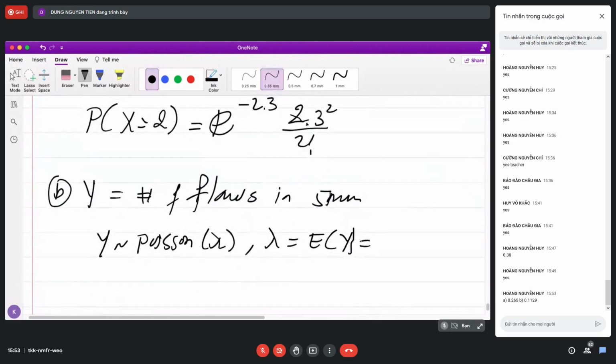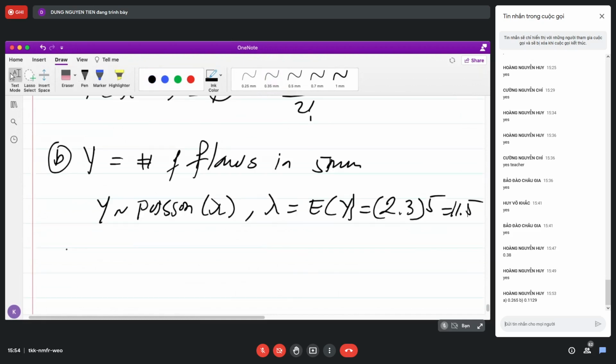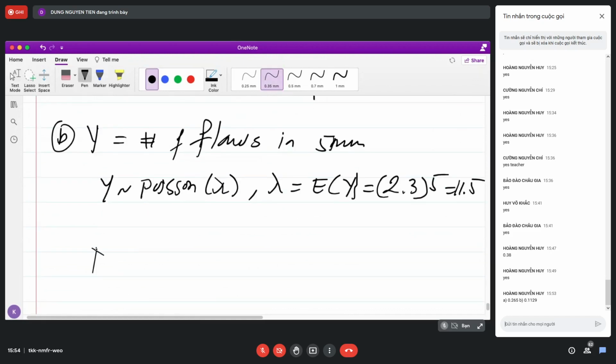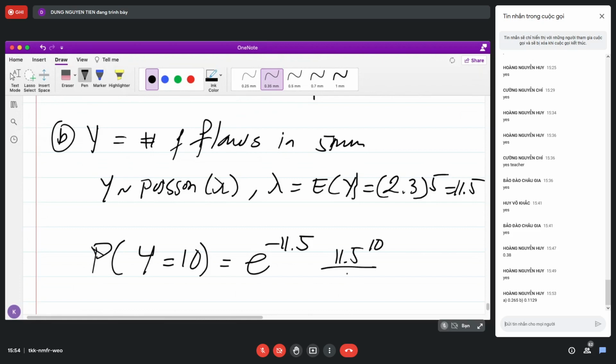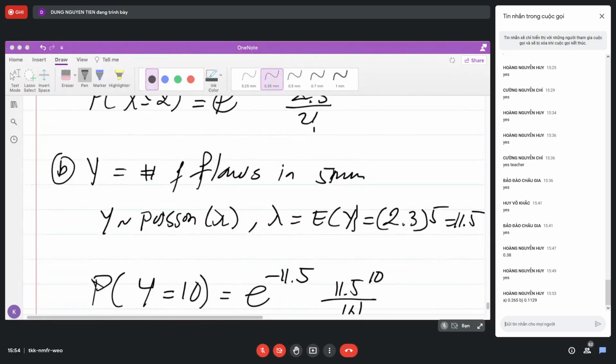Then in 5 millimeter of wire, you expect to observe 2.3 times 5, and you get 11.5 flaws. Then the probability that Y is 10 is the exponential minus 11.5, 11.5 to the 10 over 10 factorial. Do you understand? Is that clear?